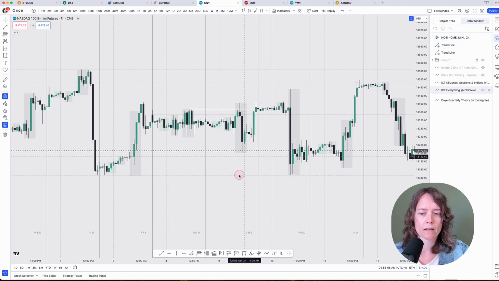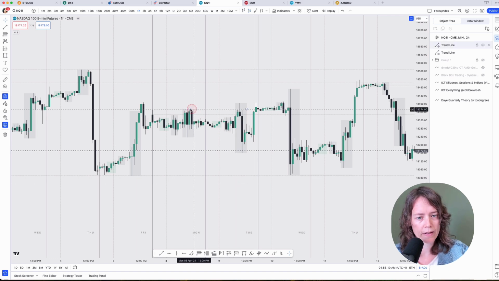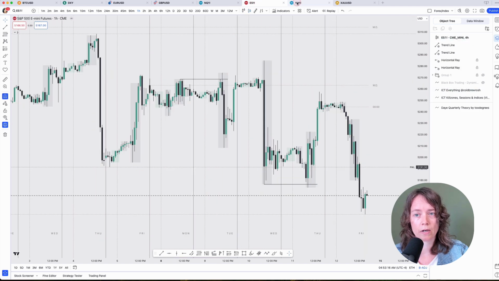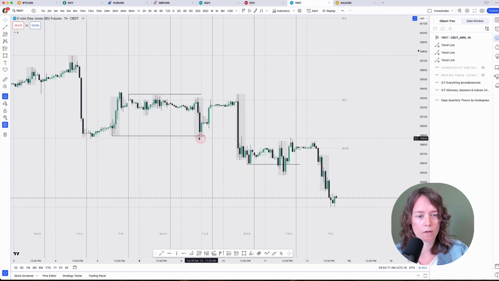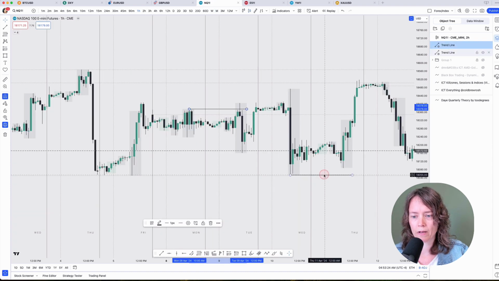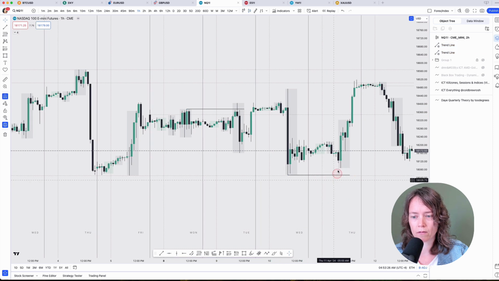How you can trade this, you can trade it in a few ways. You can trade either the weaker pair, in this case NQ took the high out, ES took the high out, so you can trade the Dow if you like, and that one took out liquidity here. Or just like the move on here on NQ did not take out the low while the other pairs did, and that one was stronger to take out that liquidity.